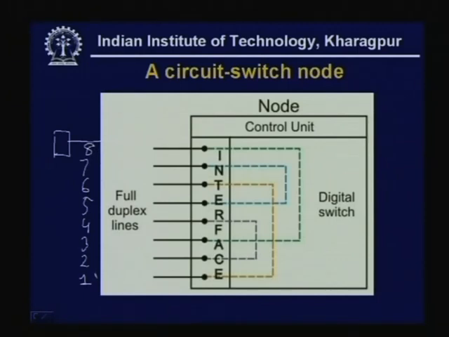You have got 8 lines, and 1 is connected to 6, 2 is connected to 4, 3 is connected to 1, and then 5 is connected to 7. So, this digital switch connects each pair with the help of the control unit. This is the basic function that is being performed by a circuit switch node.